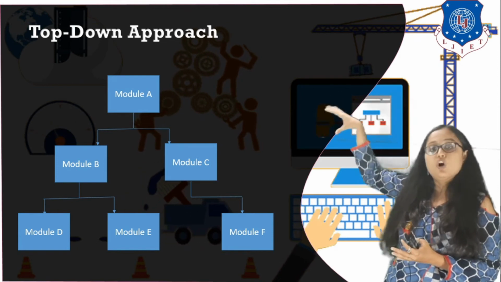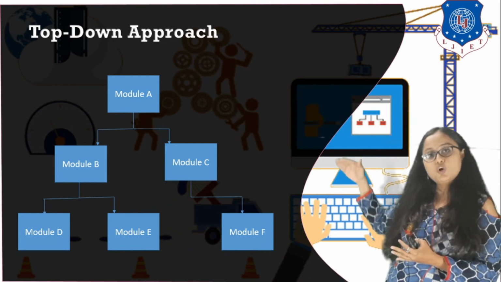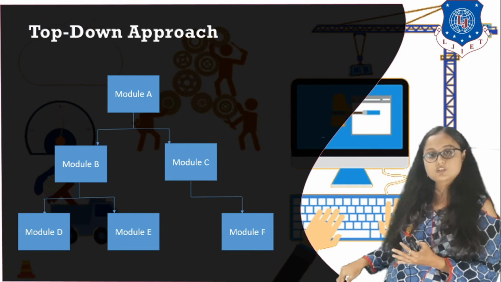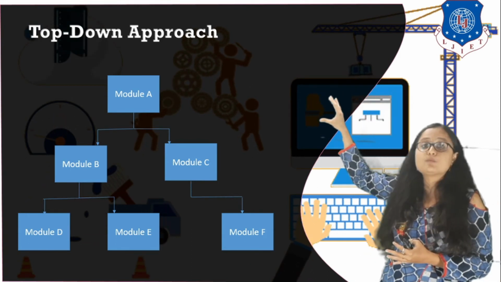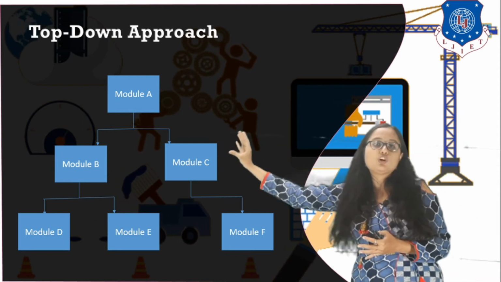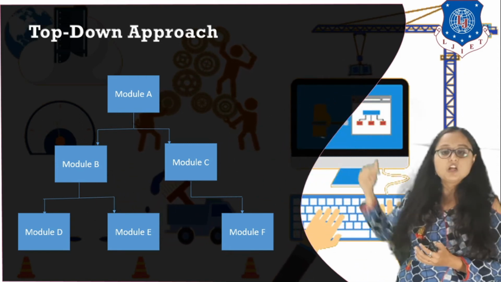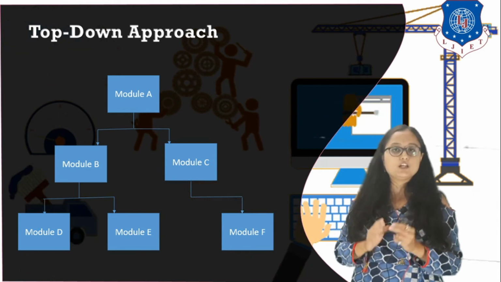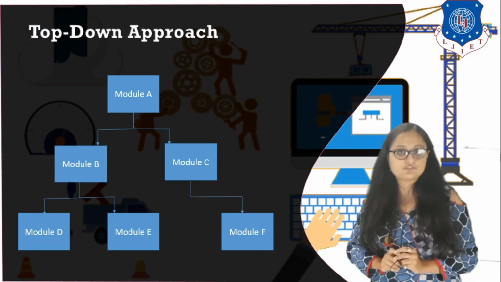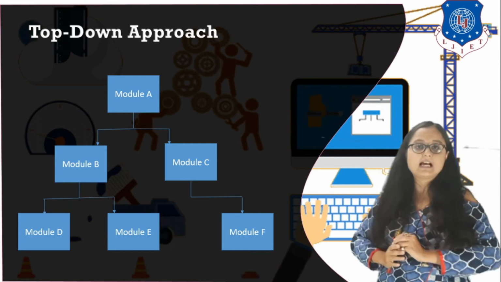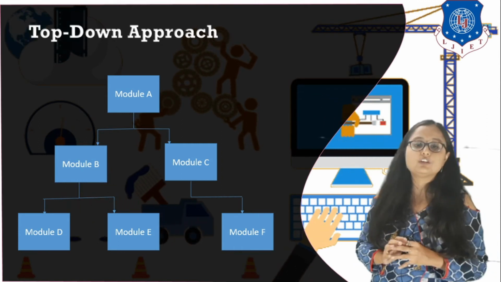All the modules below module A are the lower level modules. Now on whom is module A dependent? Module A is basically dependent on module C and module B. Also module B is dependent on module D and module E, and module C is dependent on module F. So this is a basic hierarchy of dependency between the modules.